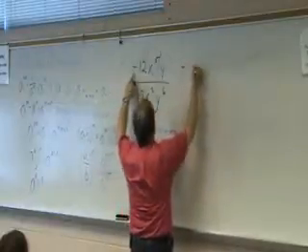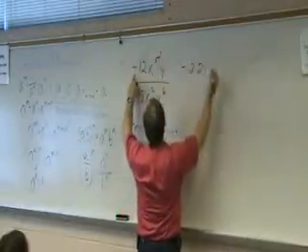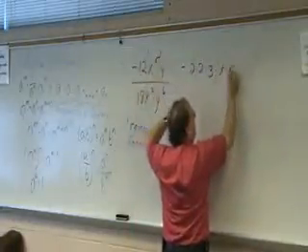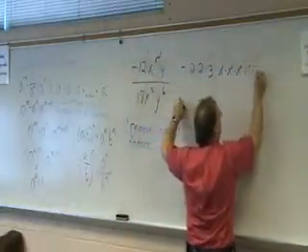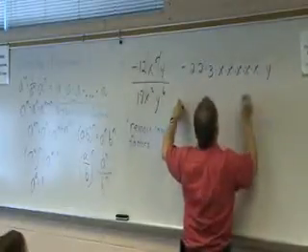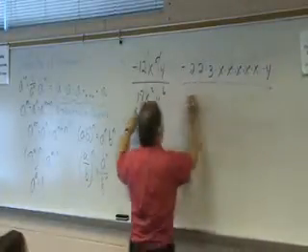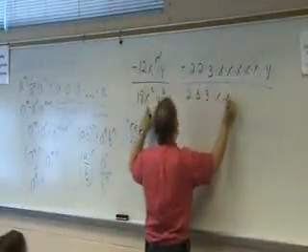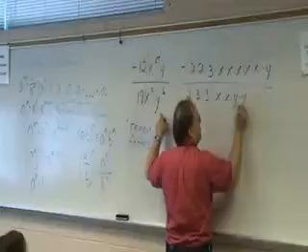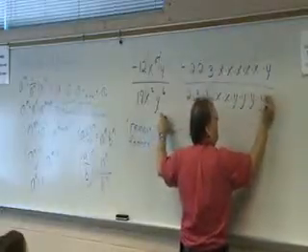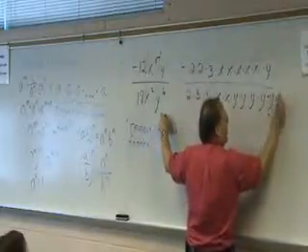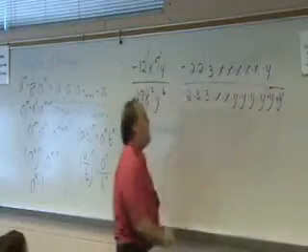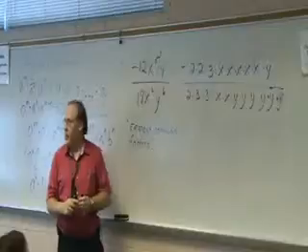This is negative 2 times 2 times 3 times 5 x's times y over 2 times 3 times 3 times x times 5 and 6 y's. Okay, there, all right.